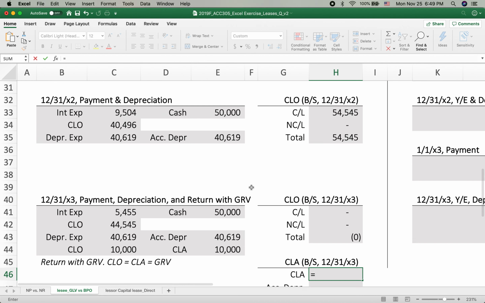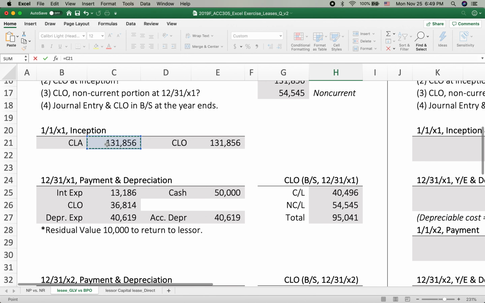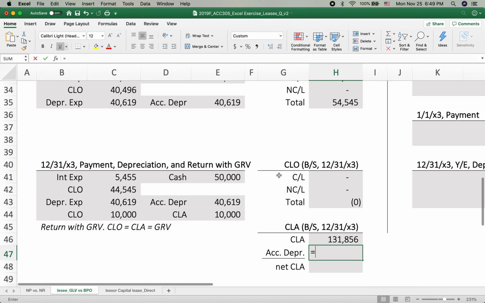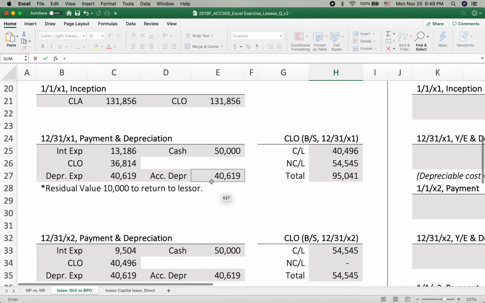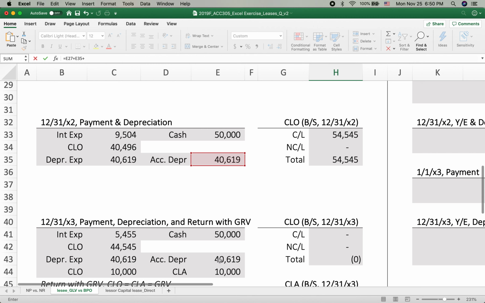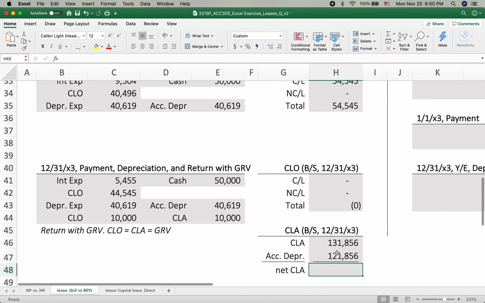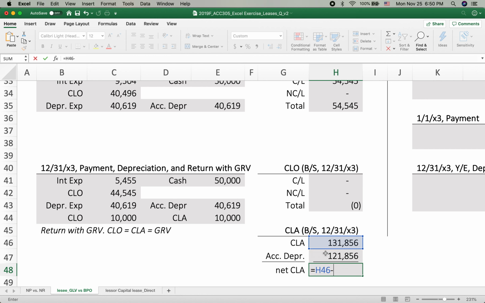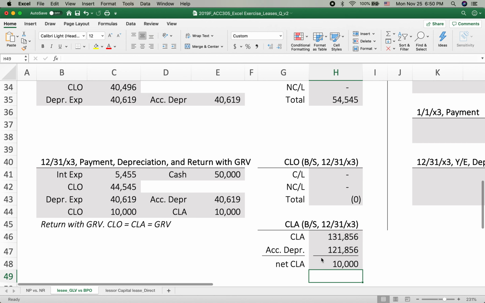Capital lease asset amount on the original cost was $131,856. Then we should depreciate this amount every year. Then the net capital lease asset is $10,000.